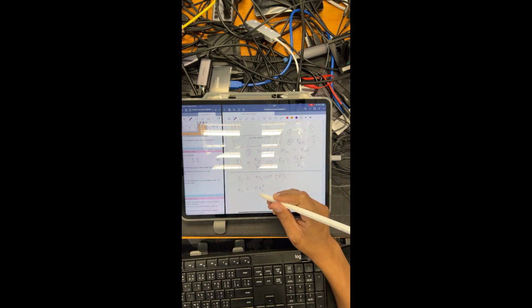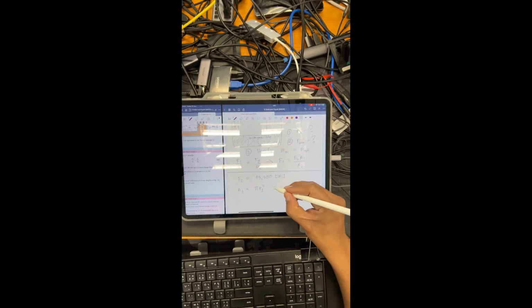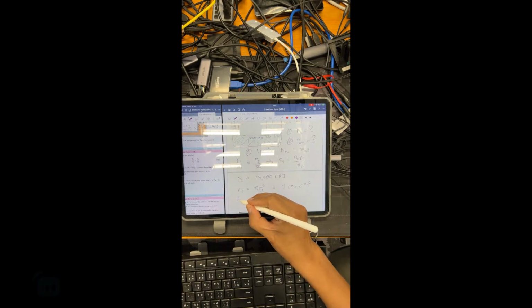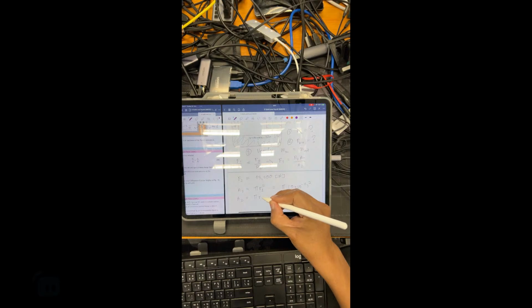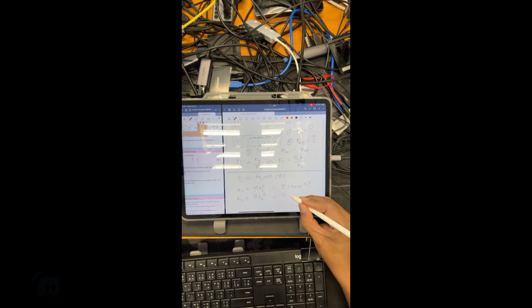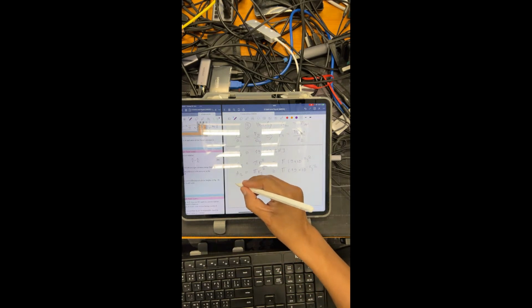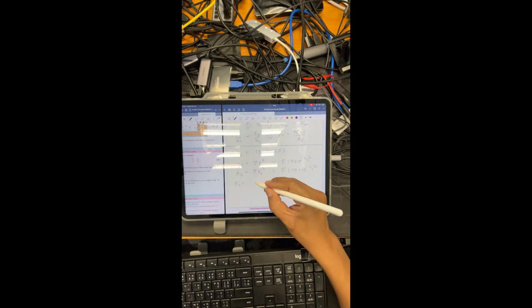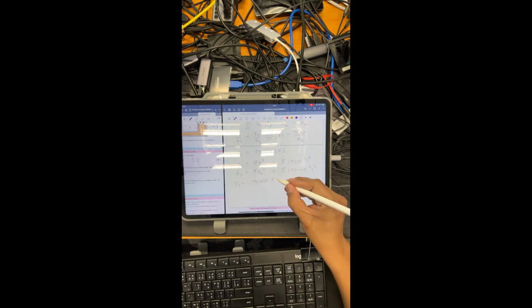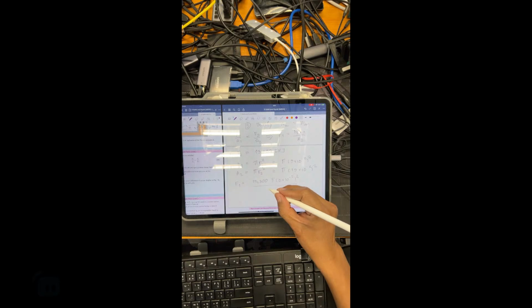So you have here pi times 5 times 10 raised to negative 2, squared, and A2 is pi r2 squared, which is pi times 15 times 10 raised to negative 2, squared. We put all these three quantities into this expression, and F1 will appear as F2, which is 13,300, times pi, A1 is 5 times 10 to negative 2 squared, and the denominator here is 15 times 10 raised to negative 2 squared.